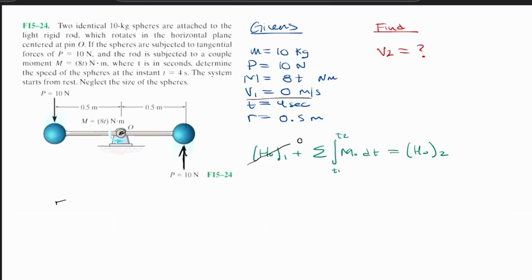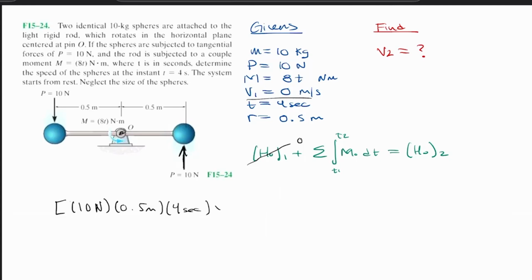So we're going to have here, not 10 kilograms, sorry, this is the 10 newton force acting there. This is a 10 newton force times the 0.5 meters, times 4, because this is the 4 seconds that it acts. So it's the force times the distance times the time. That is how we find a moment in scalar form.